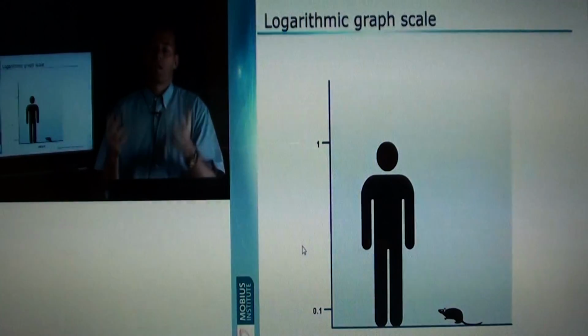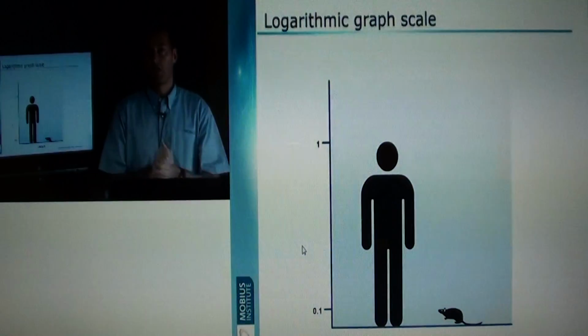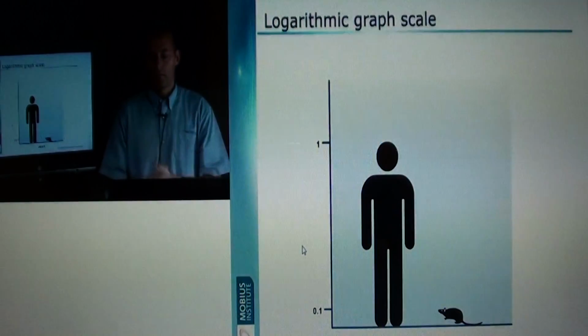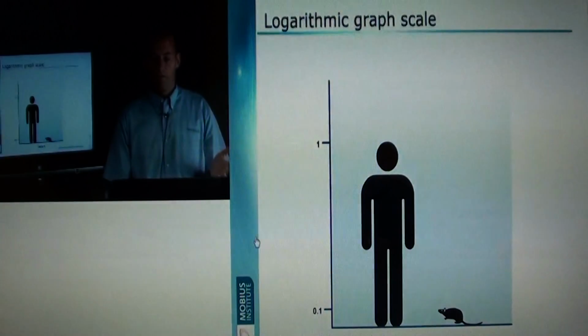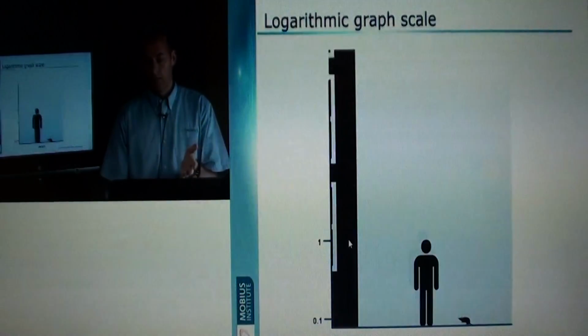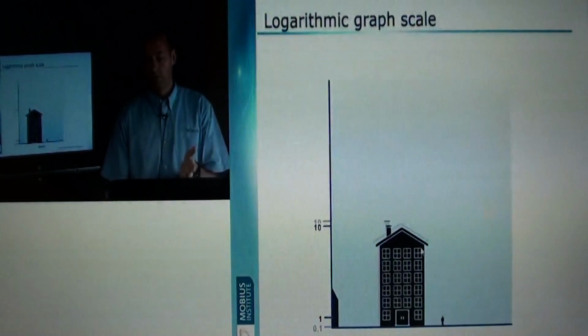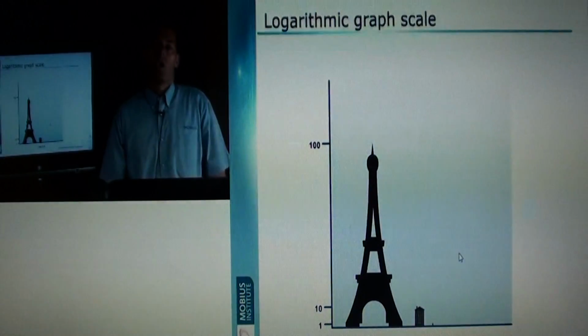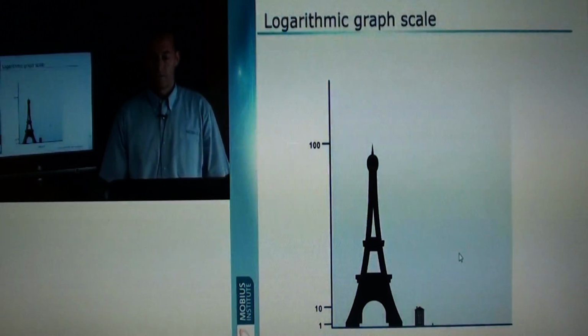I'm not saying you don't have to use those other techniques, but that information may be there and you just can't see it. So, the challenge we have is: how do we see the mouse and the man and the building and the tower all on a graph at once?